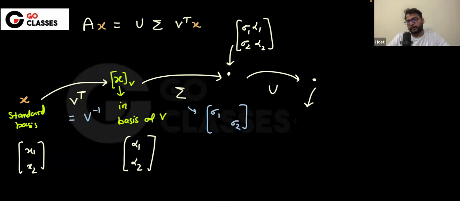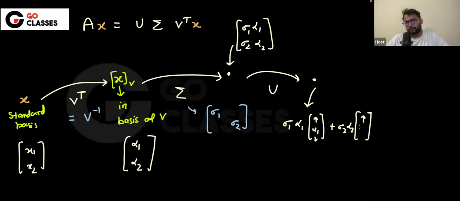Whatever you multiply, it will be sigma 1 alpha 1, this vector u1, plus sigma 2 alpha 2, this vector u2, right? That's how you will be doing it. Is this fine to everyone?